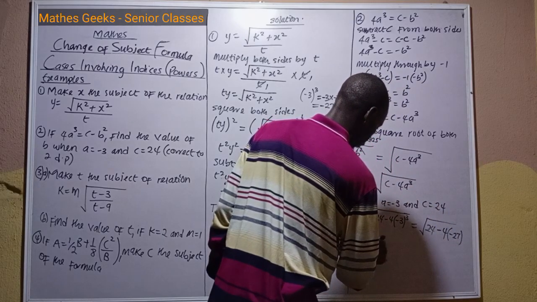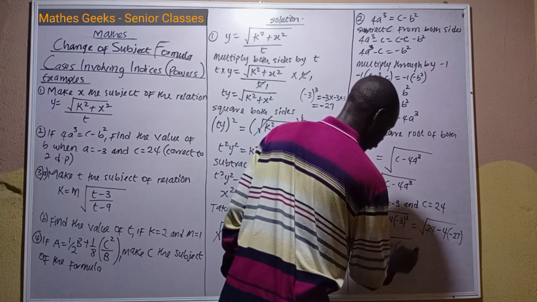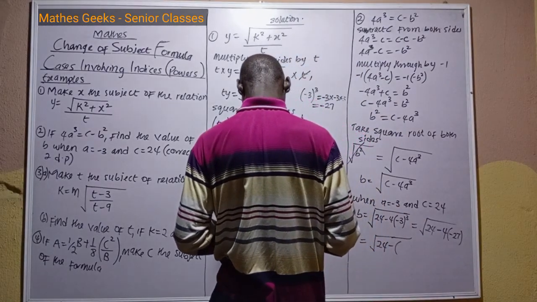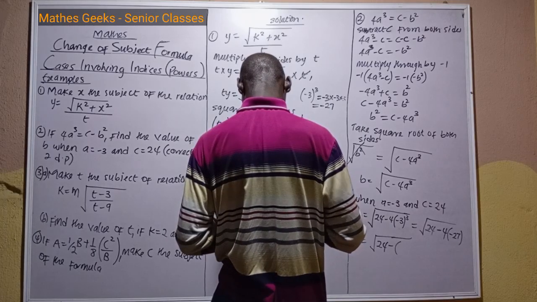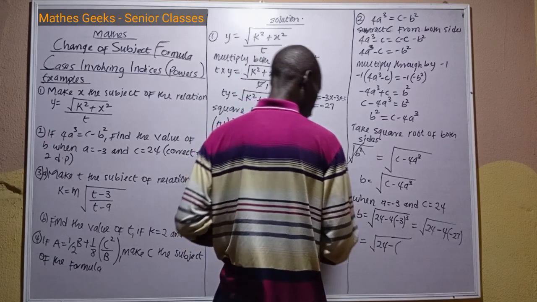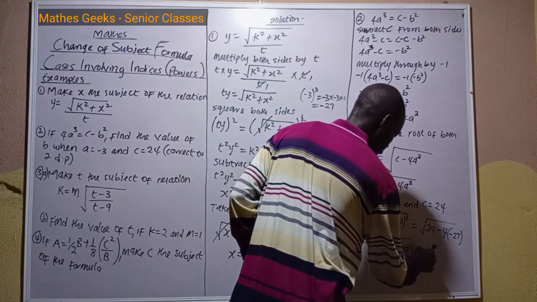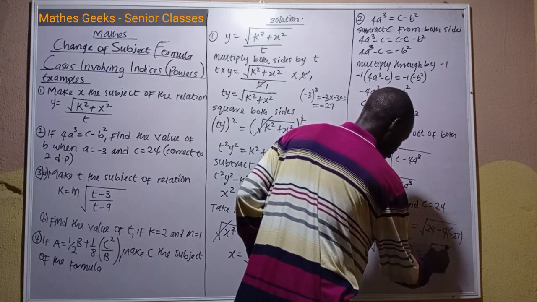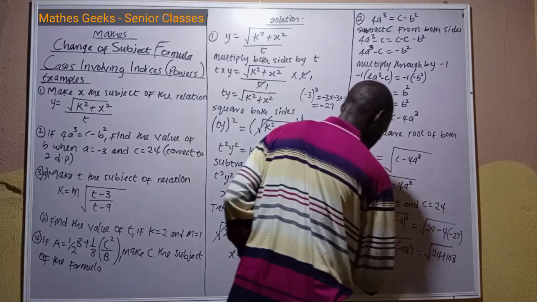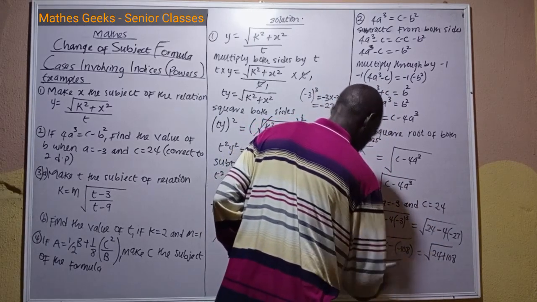This equals 24 minus 4 times minus 27, which is 24 minus 108... Minus times minus is plus 108. So we're going to have 24 plus 108.